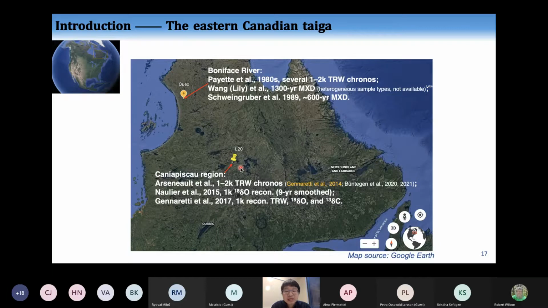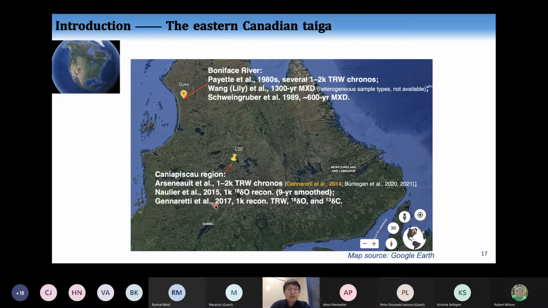And the data set has been used by several influential works such as Gennaretti 2014 published in PNAS, and two recent articles of Professor Ulf Büntgen. And the team also made efforts to develop millennial reconstructions based on stable isotopes. Like in 2015, Naulier used the 9-year smoothed delta oxygen data to perform a summer temperature reconstruction.